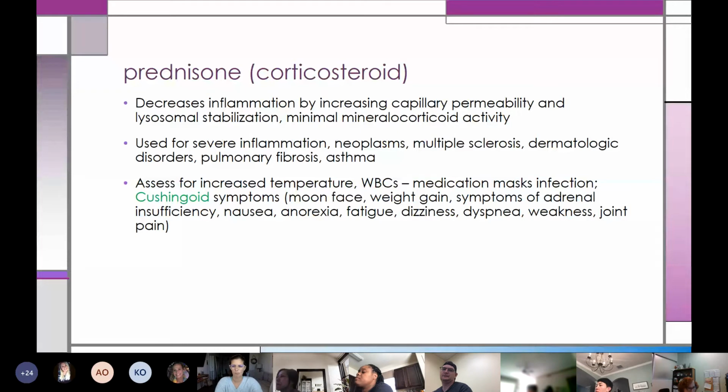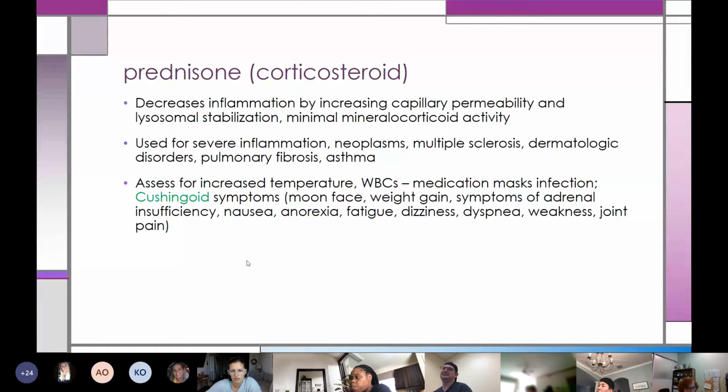Let's talk about a peak and trough. Particularly with vancomycin, there are other medications that we can do peak and trough with, but this is a very common one. Remember that the mycins can cause ototoxicity, and vancomycin can also cause nephrotoxicity with the kidneys. The BUN could become increased.